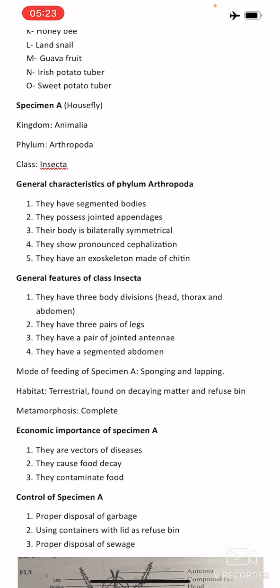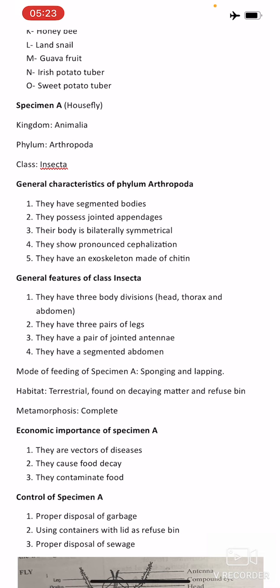Now, the general features of class Insecta. This is different from phylum Arthropoda. They have 3 body divisions, that's the head, thorax, and the abdomen. They have 3 pairs of legs, a pair of antennae, and a segmented abdomen. The mode of feeding in specimen A is sponging and lapping.